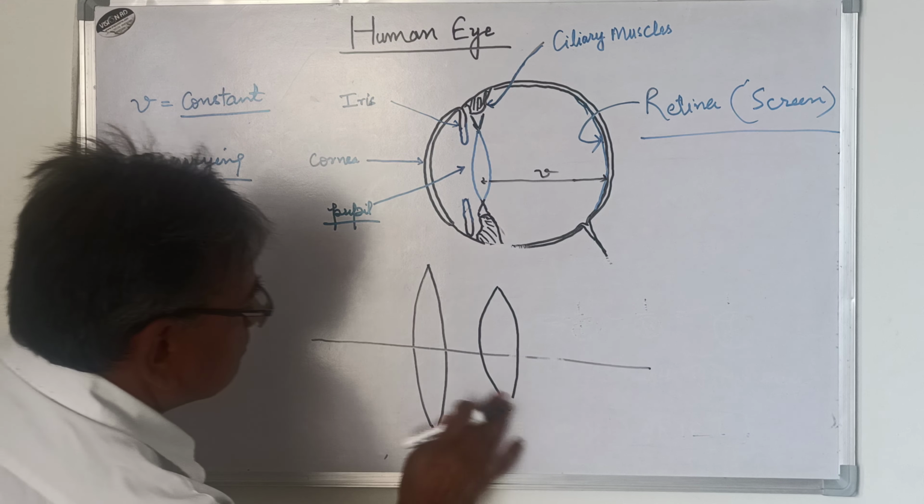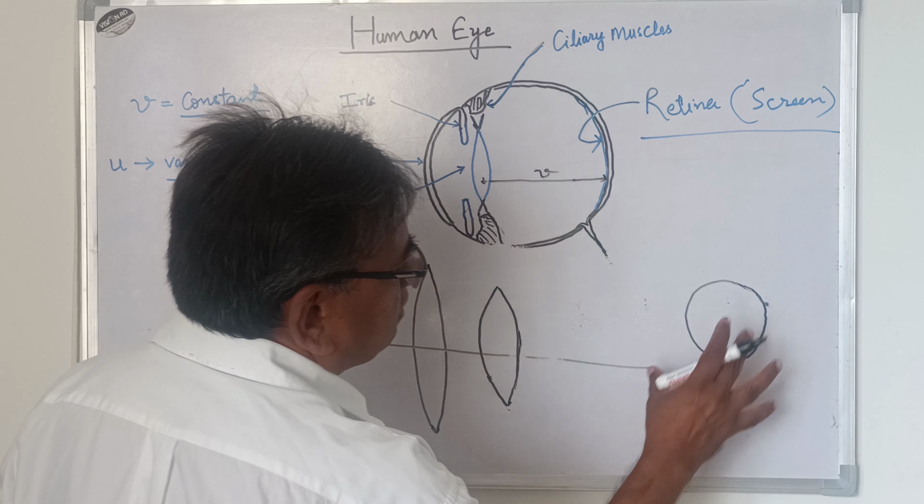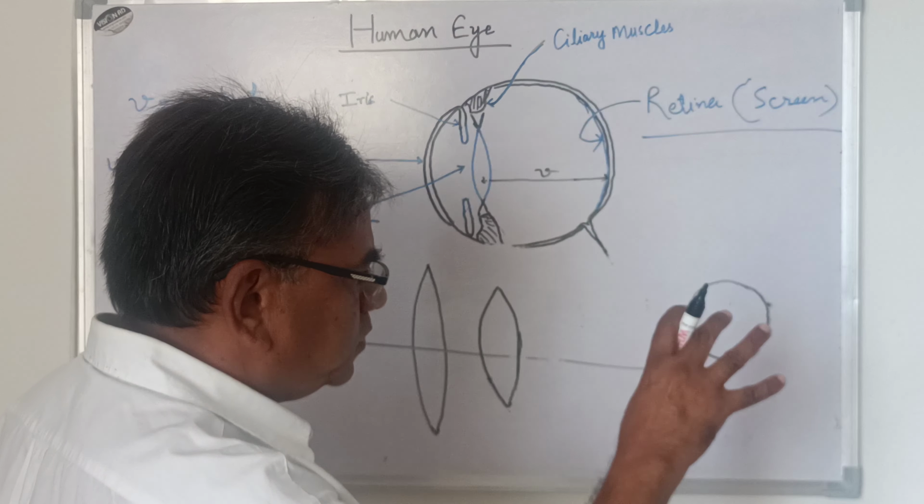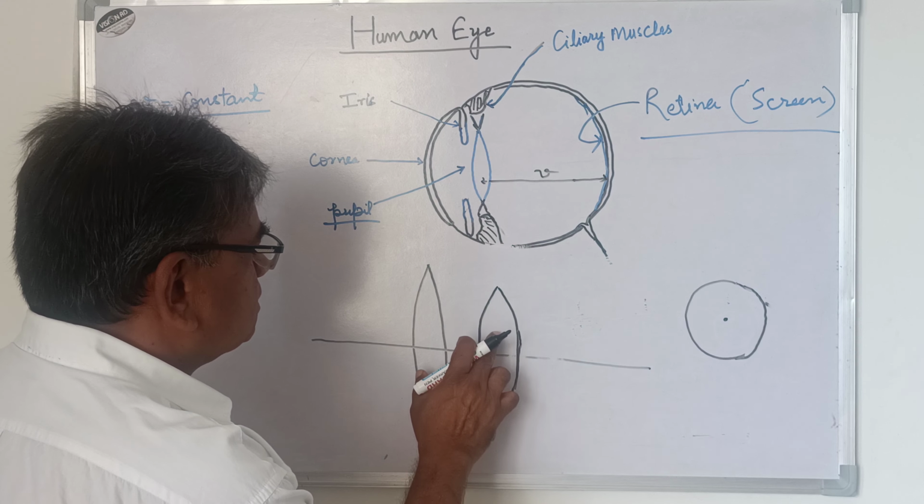The lens becomes thick. How does it become thick? It is made up of a material, protein, a jelly-like material. The lens is in this form, standing vertical, thin at the ends and thick at the middle. When this is compressed, the lens comes in this form.